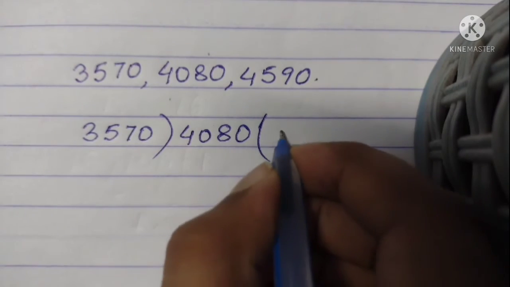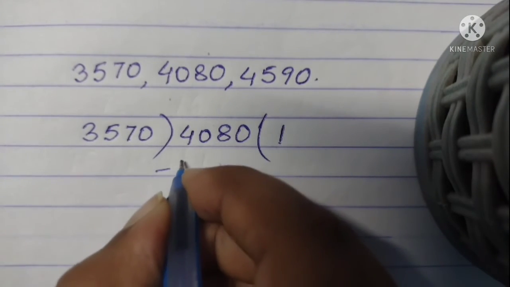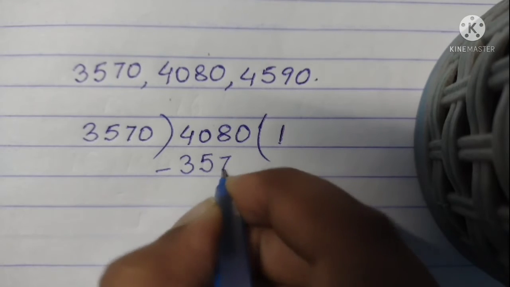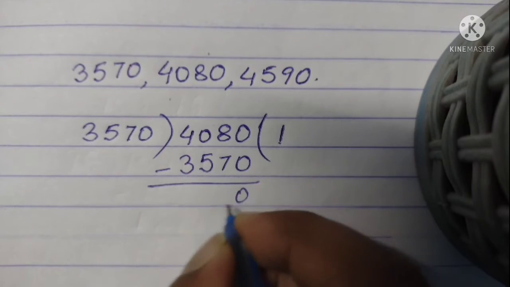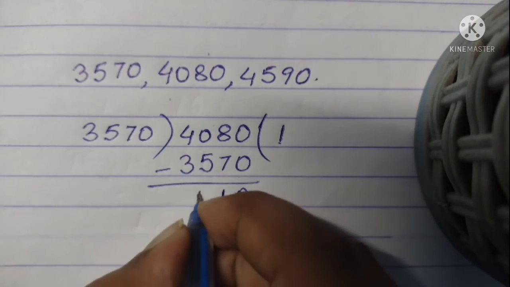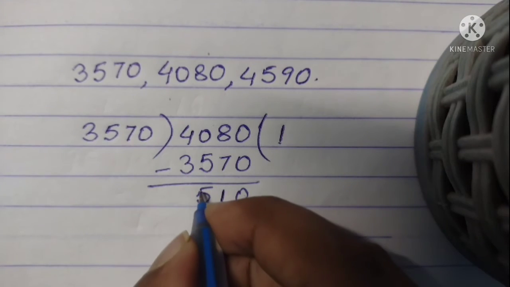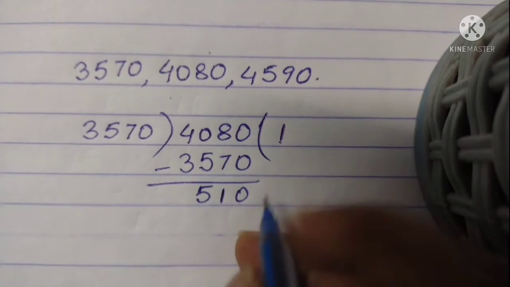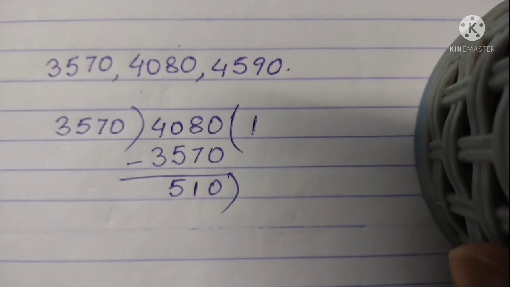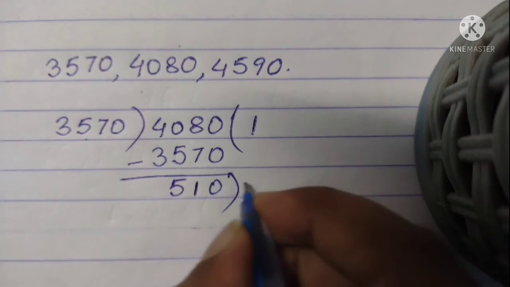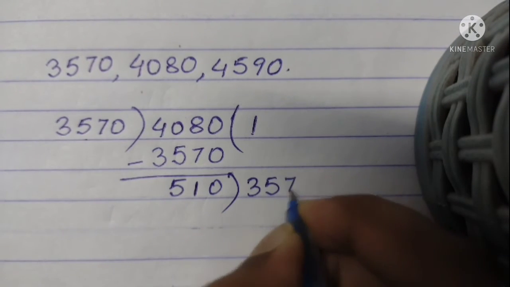Let's divide. What is the difference? 510. 510 will become the divisor. This will become the dividend. 3570.